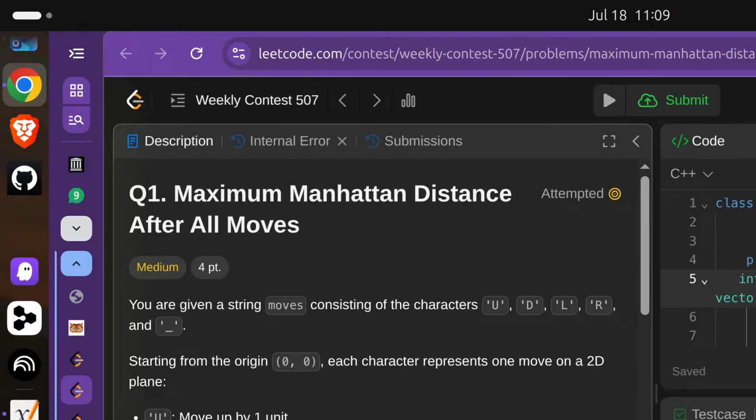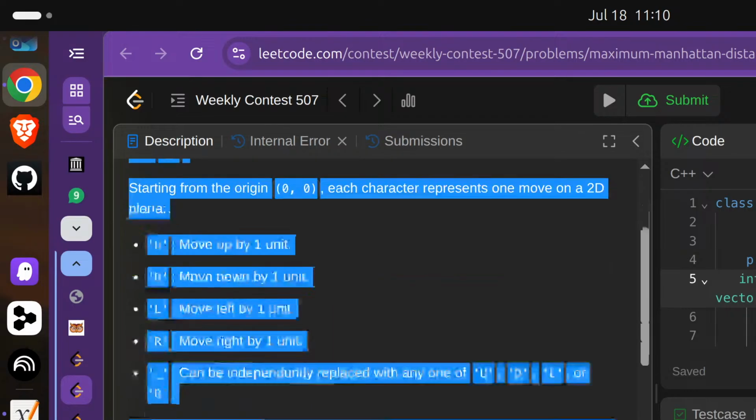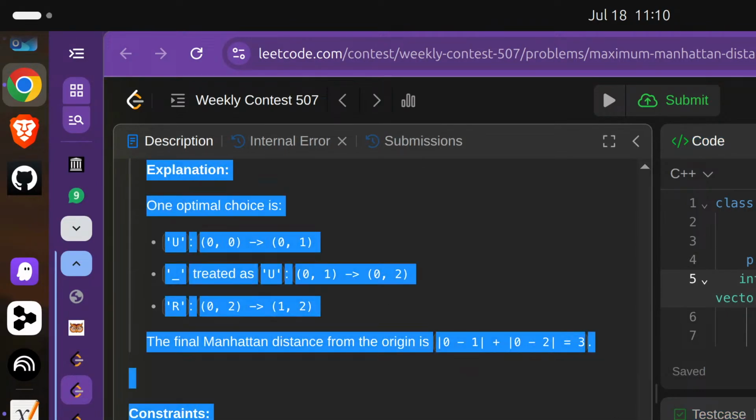What is the greedy thing, right? I am not able to comprehend that. What is the solution in that case?